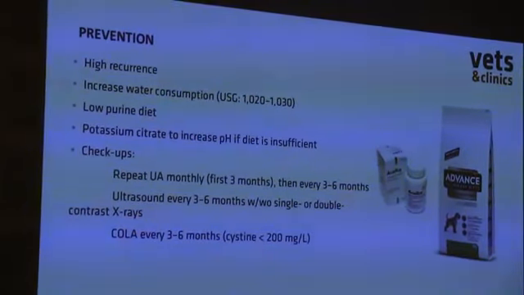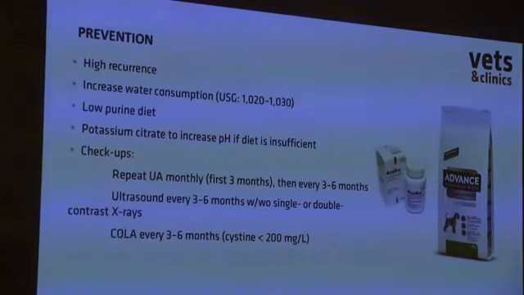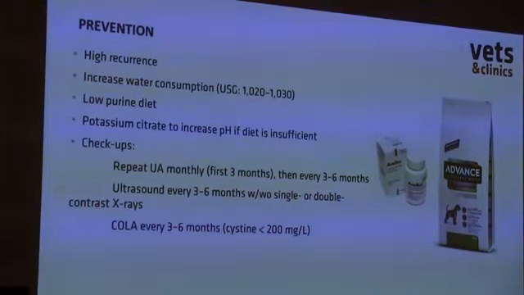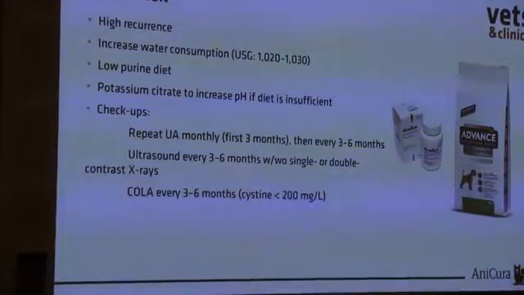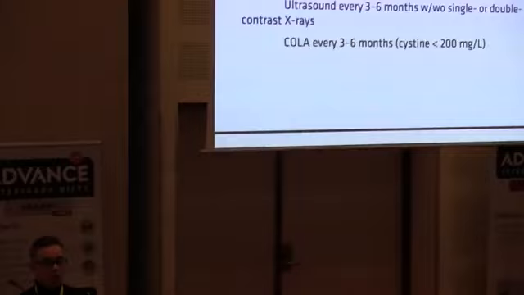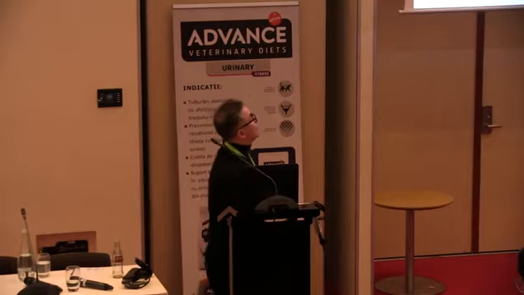Finally, the prevention. Increase the water consumption, low purine diet, and potassium citrate to increase the pH if diet is insufficient. Check up: repeat the urine analysis monthly for the first 3 months, then every 3 to 6 months, and ultrasound every 3 to 6 months, because sadly these kinds of urolites tend to relapse often, okay?